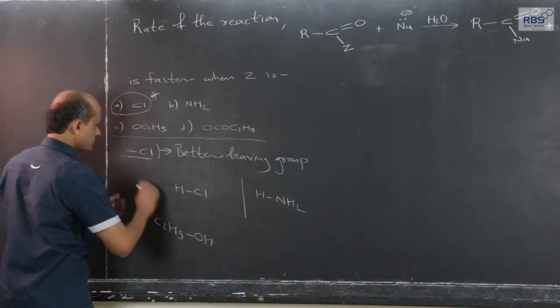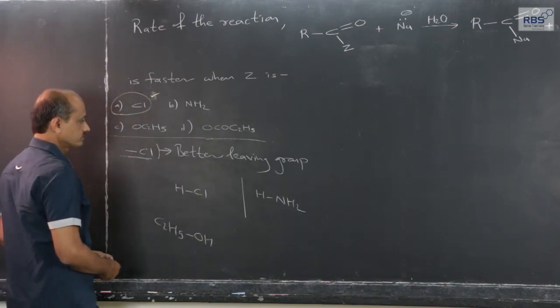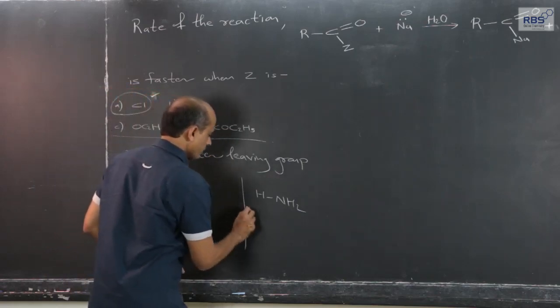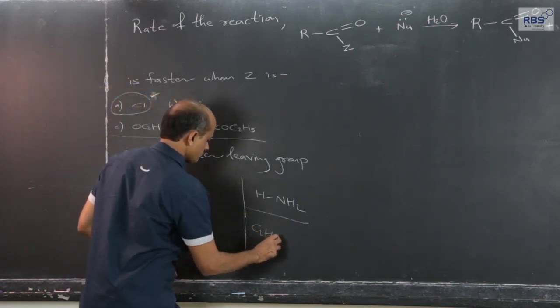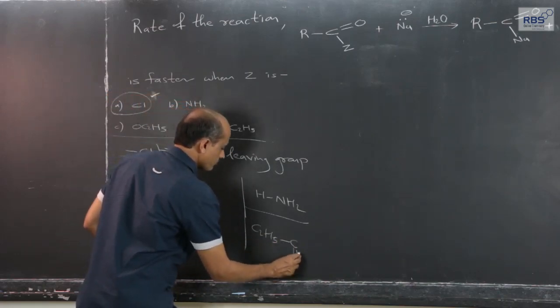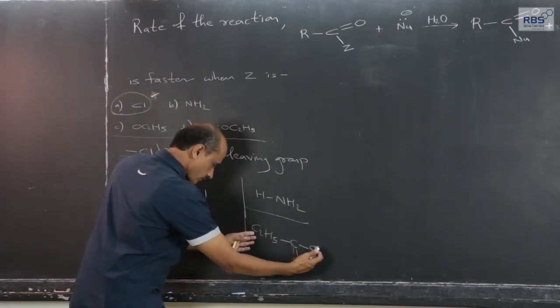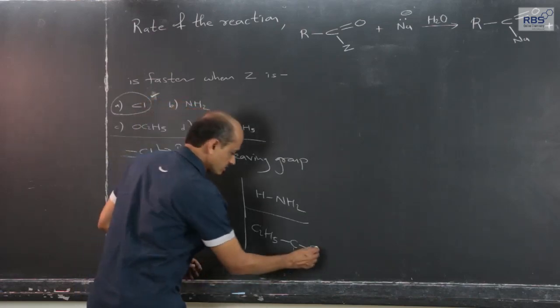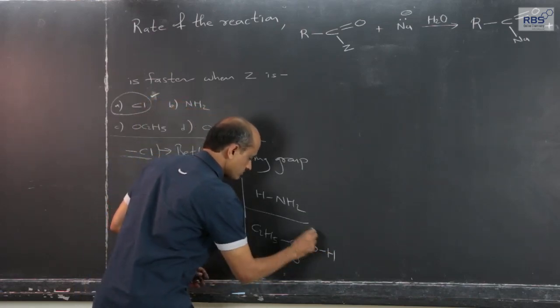Let me write in this fashion, C2H5OH, and this one will form COO, meaning this is a carbonyl group, it goes out in the form of carboxylate ion, with proton it forms a bond.